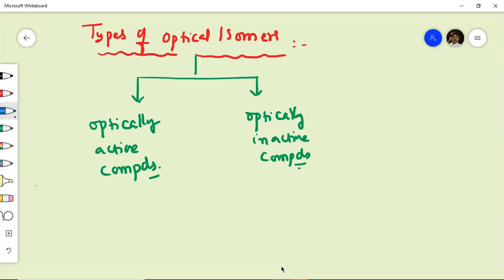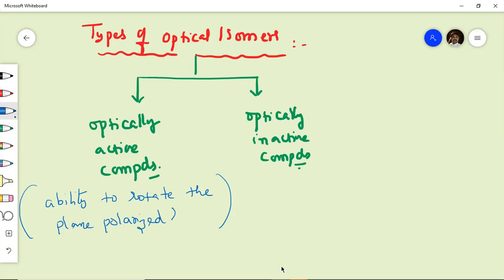So what is the meaning of optically active compound? These are the compounds which have the ability to rotate plane polarized light. In shortcut we will write PPL. They are called optically active compounds.